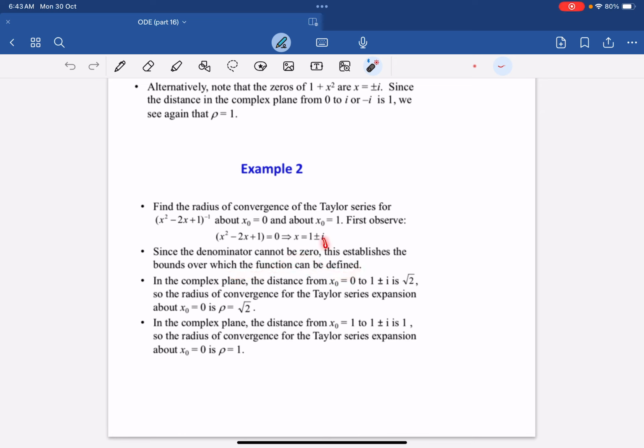So you take the distance to 0, which is square root 2. So when you center about x0 equals 0, the Taylor series has a radius of convergence of square root 2. When you center about x0 equals 1, then the distance is only 1, so the radius of convergence is 1.